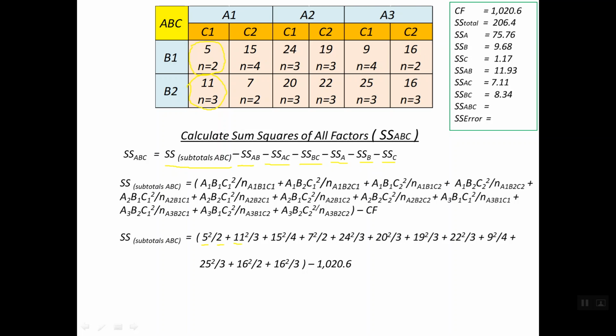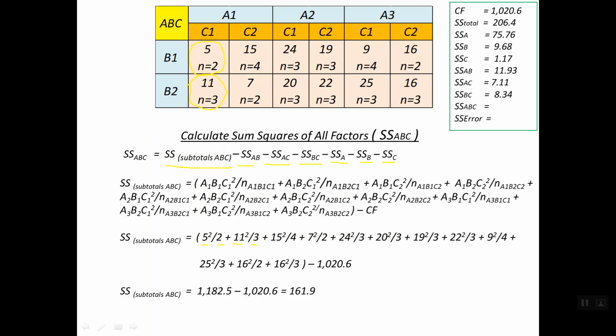This is the sum of A1, B2, C1. We square it and divide it by the number of observation for A1, B2, C1, and the same for the rest. And finally, we subtract the correction factor.